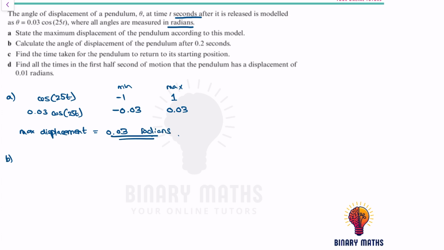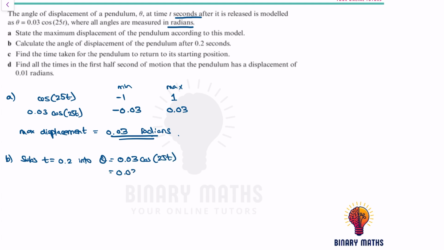Okay, B. Calculate the angle of displacement of the pendulum after 0.2 seconds. So if you're doing it at 0.2, substitute t equals 0.2 into theta equals 0.03 cos of 25t, making sure you're in radian mode.